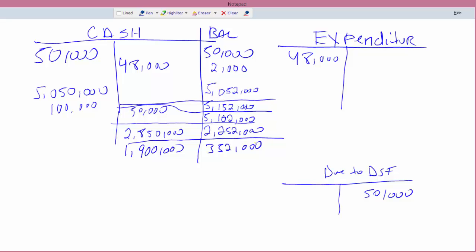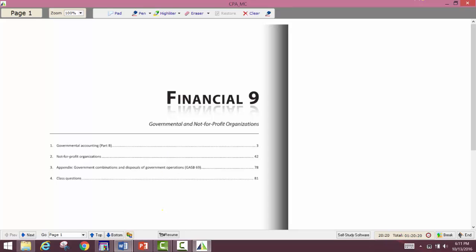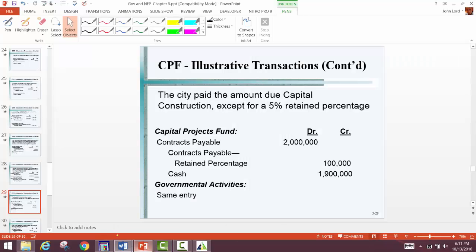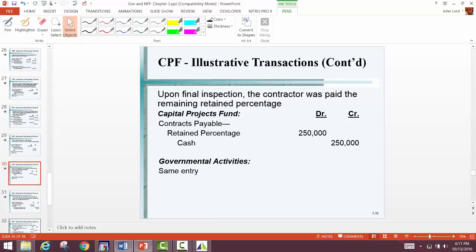So we're getting there. Now what? Now we do some sort of final inspection on this thing to make sure we're satisfied with everything and they didn't leave a corner of wood undone or something. And we're going to pay him the remaining amount we owe him. We held back a little bit on each of those. Now we're paying him that balance, which was $250 at this point.